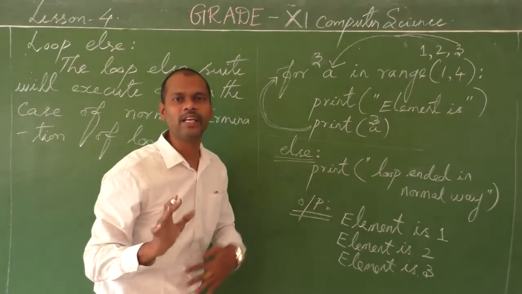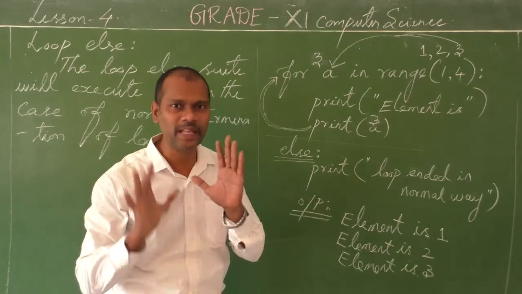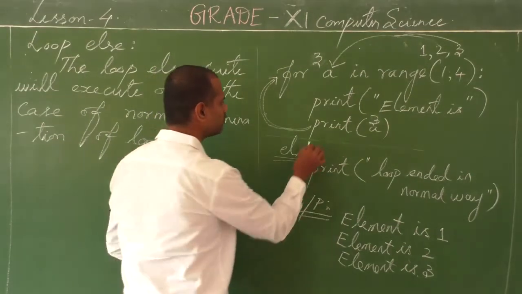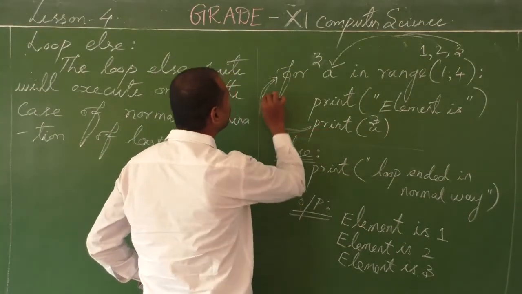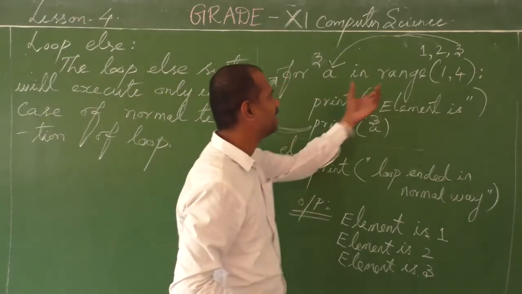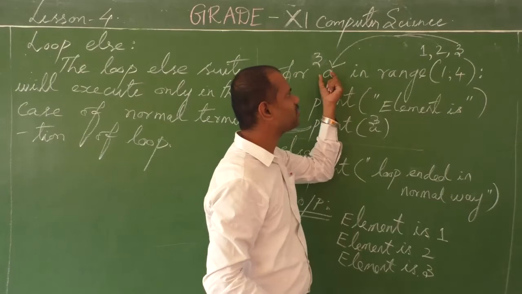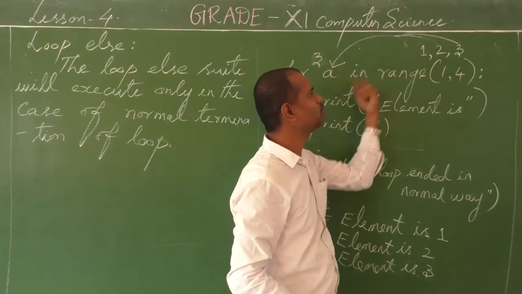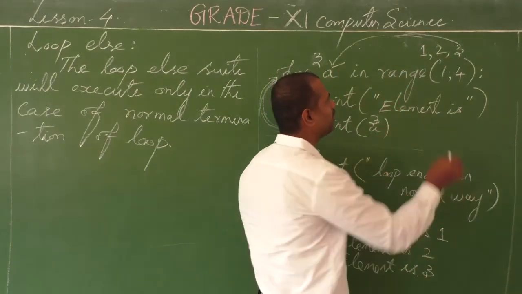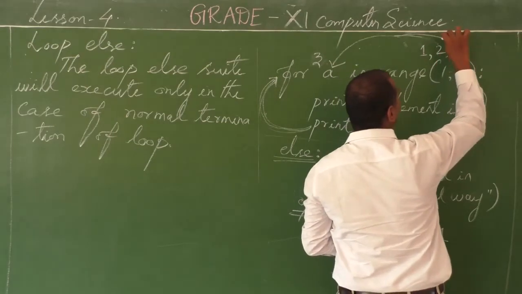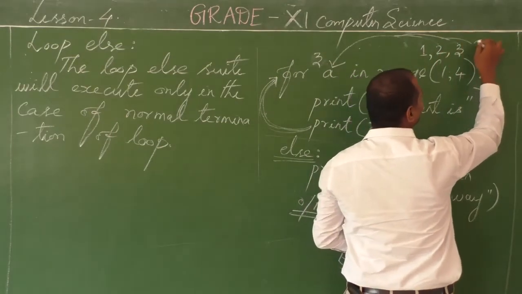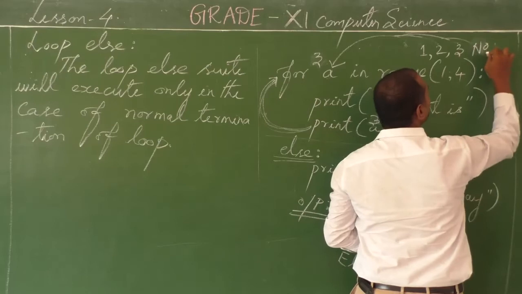Now only you have to watch carefully. Please listen. So now it will go to the for loop. You see, the range values are 1, 2, 3. A accessed the 1 value, 2 value, and 3 value. Now A is trying to access the next value. Here there is no value.